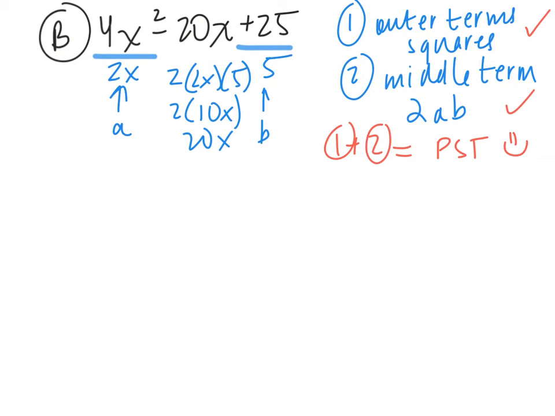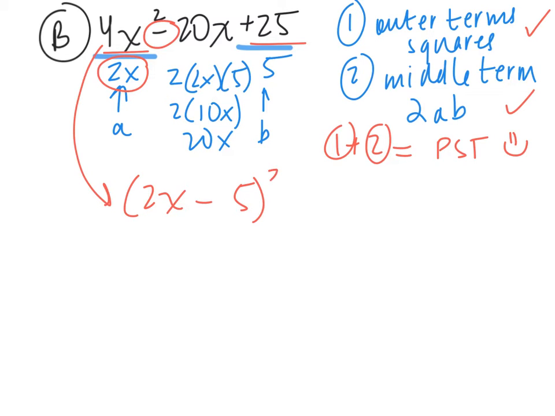And a PST is great news for factoring, because it saves so much time if you can recognize it as such. Okay, so again, are these squares? Yes. Is the middle term 2 times the square root of those? Then all you do from here, chicos, is say, okay, what is A? A was 2x. What is B? B is 5. What's the middle sign?